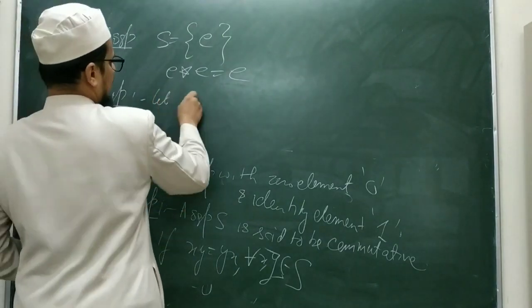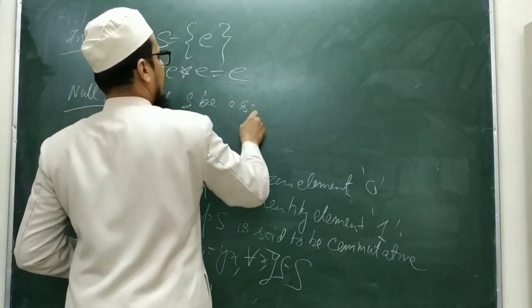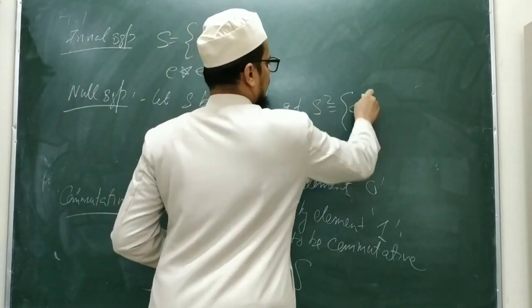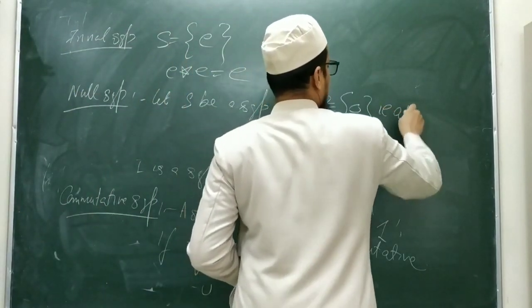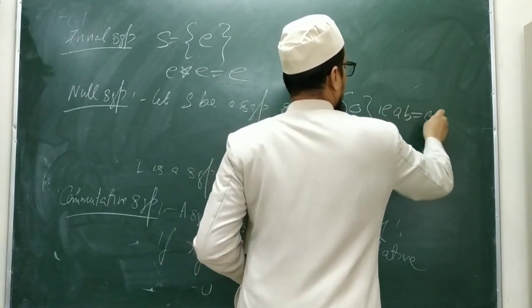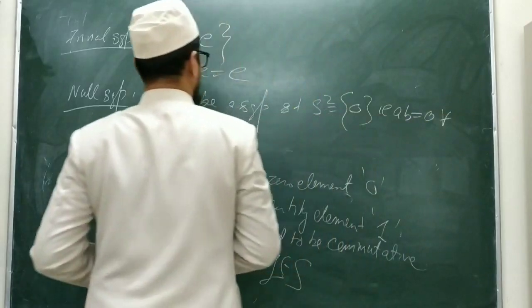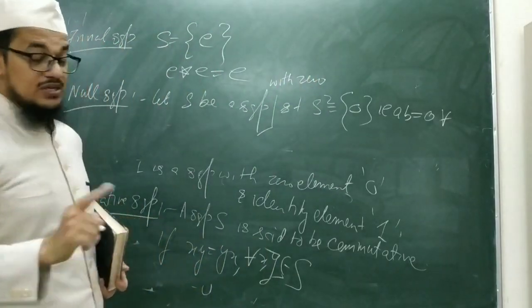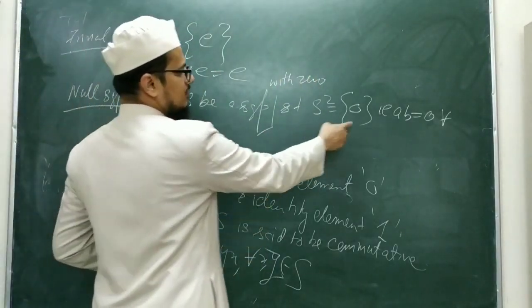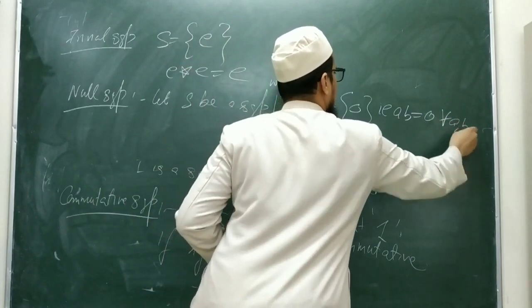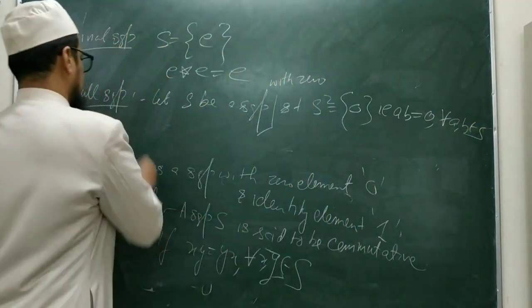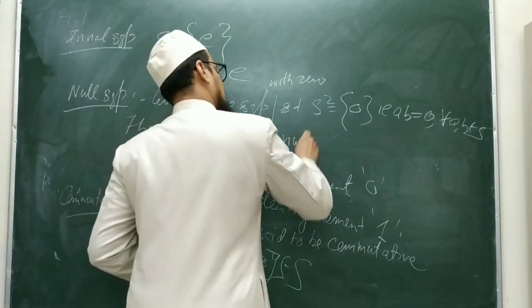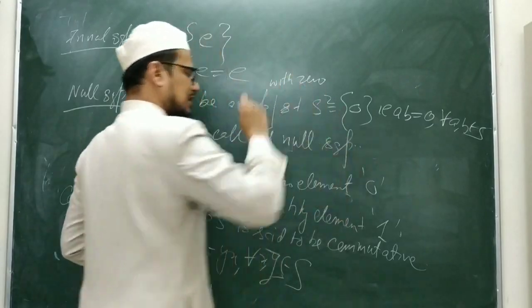Null semigroup. Let S be a semigroup with 0 such that S square is equal to 0. That is, AB is equal to 0 for every A, B belongs to S. Then S is called a null semigroup.